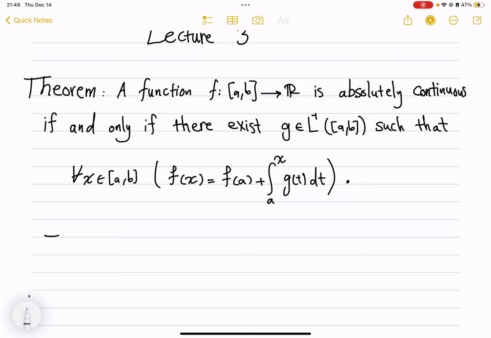So we see that this direction was already discussed in lecture 2, because we saw there that if f is absolutely continuous, then f prime does exactly what g is claiming to do here.